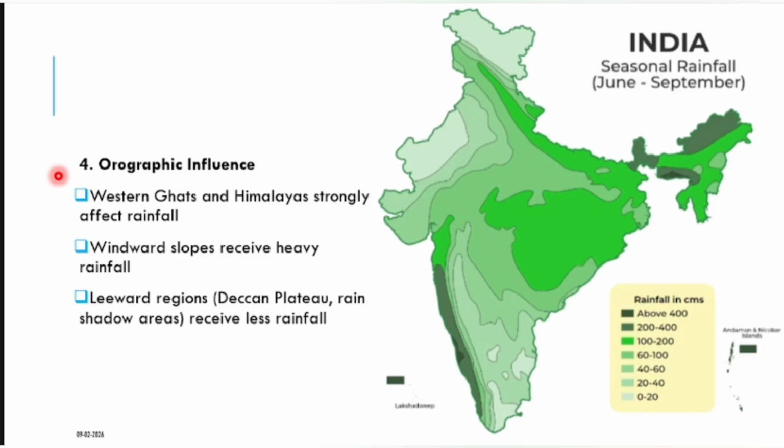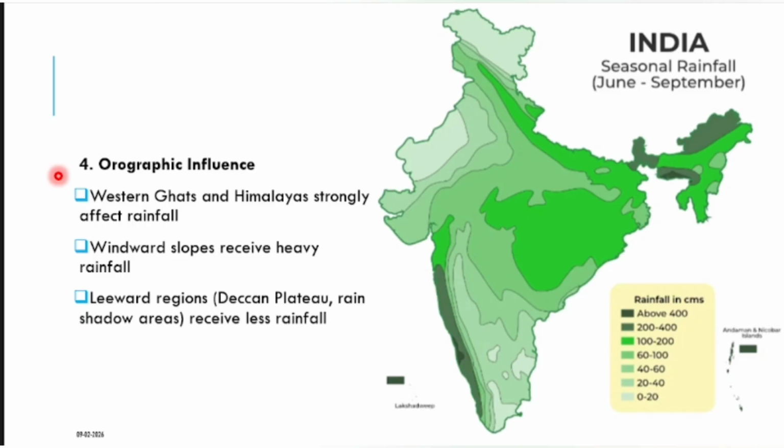Himalayan region is here, no? What will happen? All the rainfall will fall here and not here. That is the reason, due to orographic influence, this Western Ghats, this hill and this Eastern Ghats also have the influence on the rainfall. This is an orographic influence.